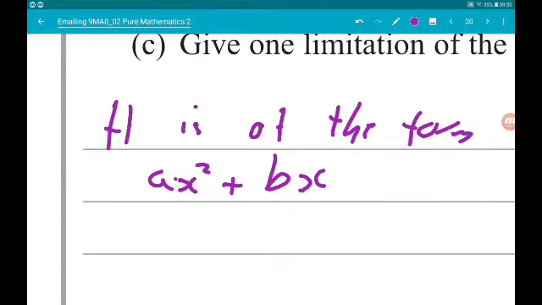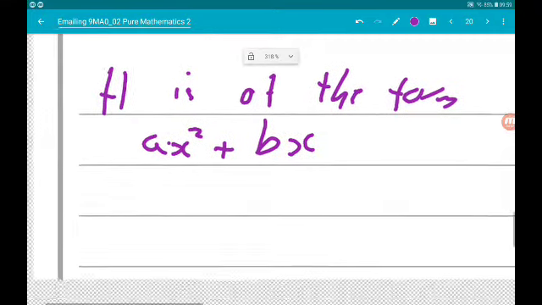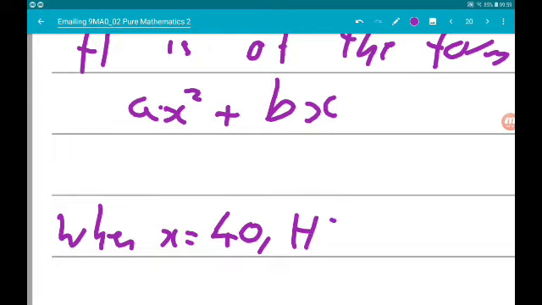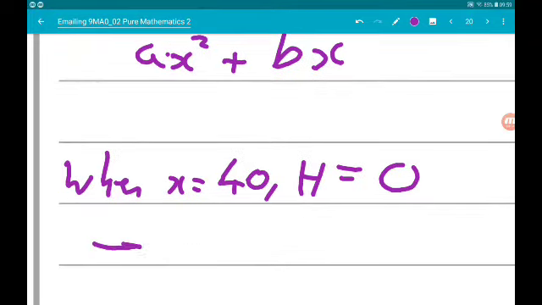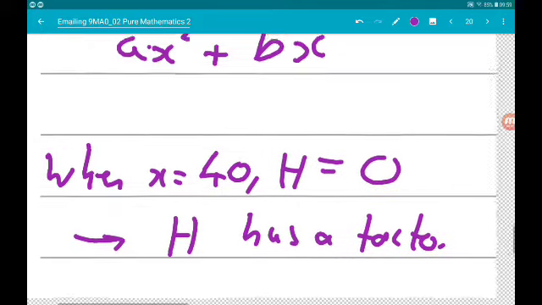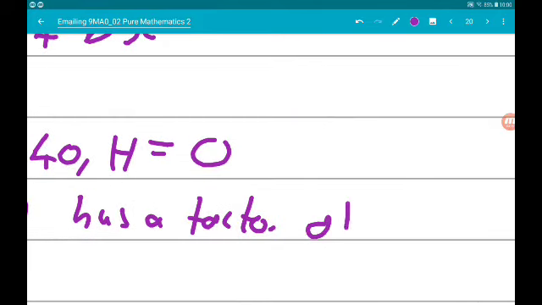Now, because we know that when x is 40, h is 0, that means h has a factor of x minus 40.